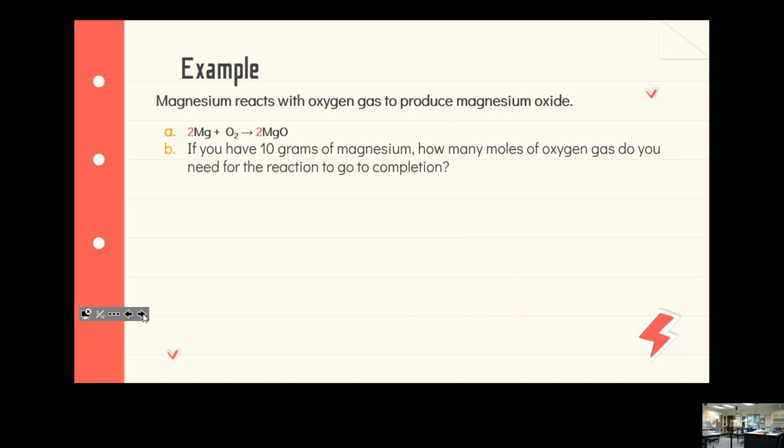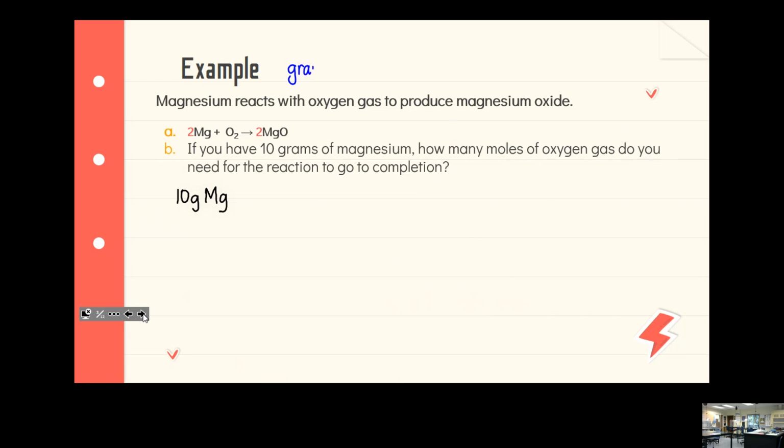Okay, so now we're getting into a conversion. So if you have 10 grams of magnesium, how many moles of oxygen gas do you need for the reaction to go to completion? So that just means how much am I going to need for this reaction to actually happen? So I would always suggest write out where you're trying to go.